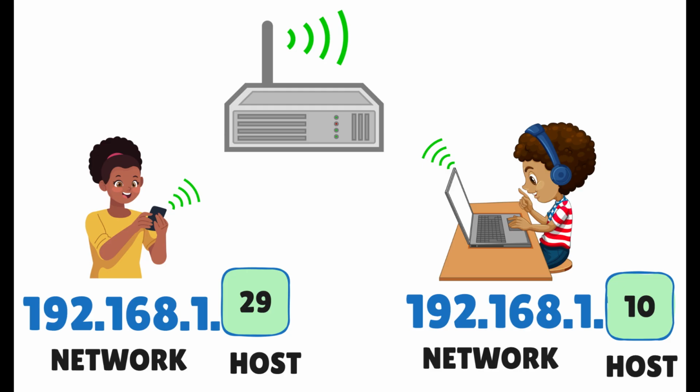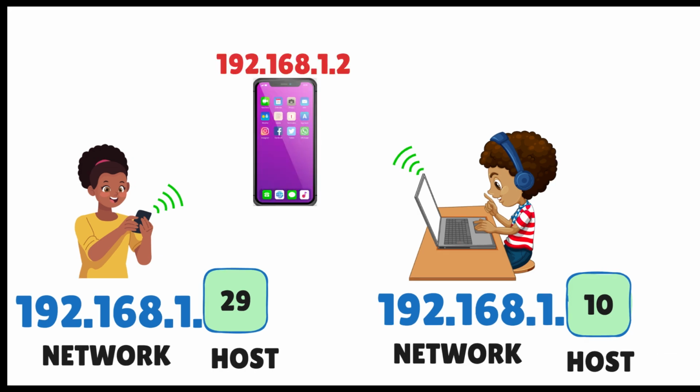So with this they can also connect, and you can also use another person's smartphone to serve as the hotspot and ensure that both devices are connected to it, having the same network but different hosts.